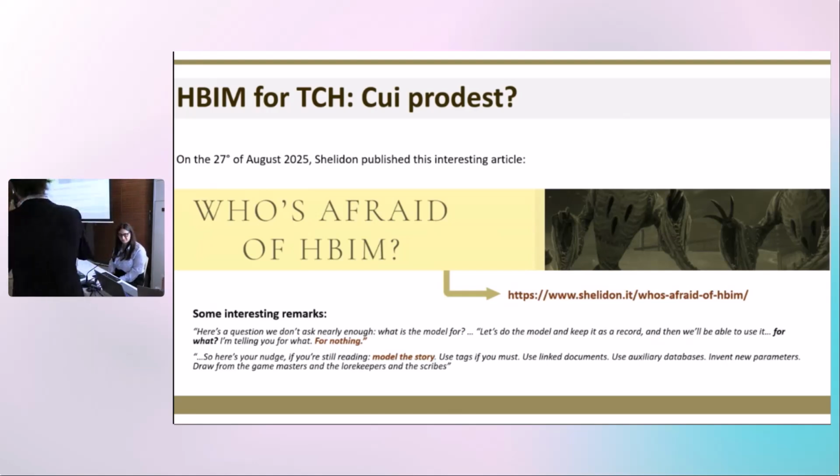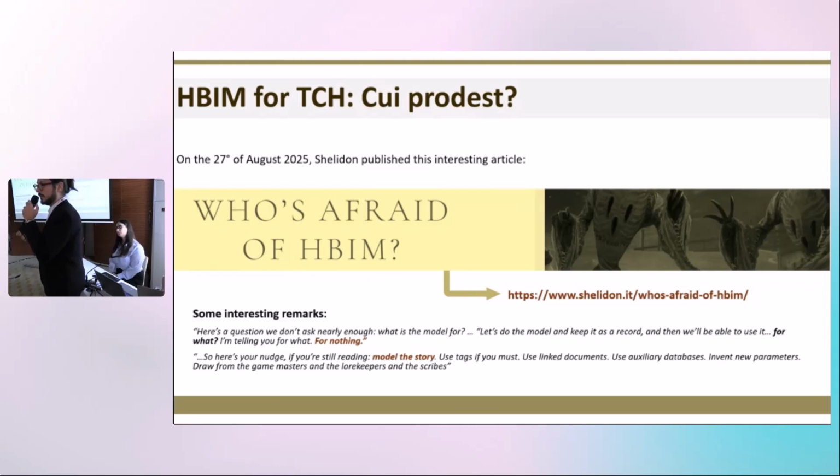It's interesting, this article by Chiara Rizzarda, who is one of the most interesting writers about BIM and HBIM, and she's also known as Shelidon on the web. She provides very interesting articles and reflections about where BIM is going and where it will go. She talks a lot about standards, and also the philosophy of BIM.